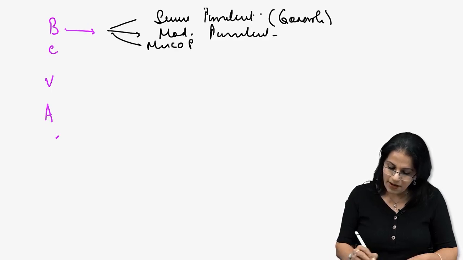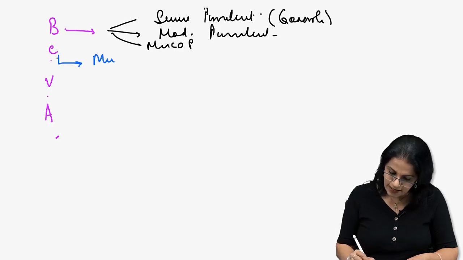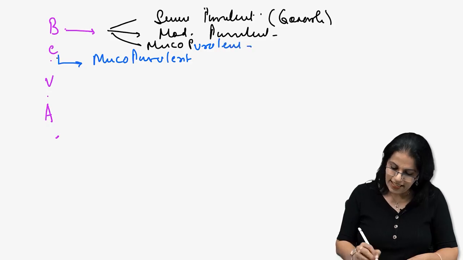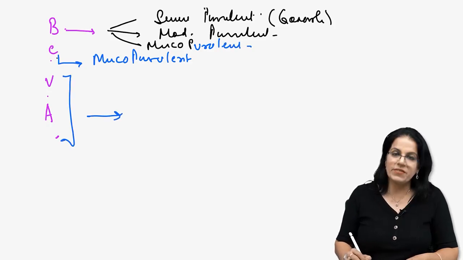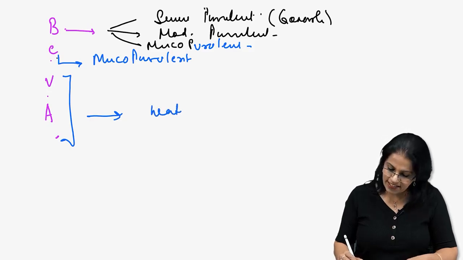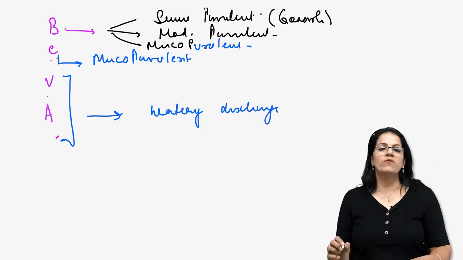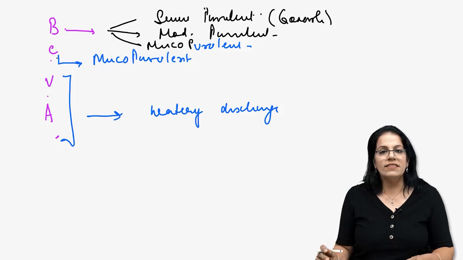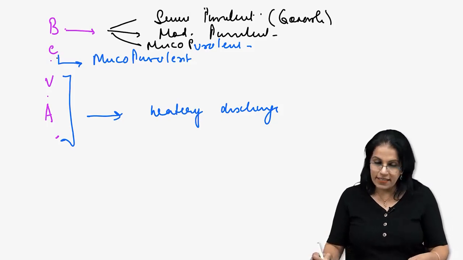When you talk about chlamydial, it is always mucopurulent. Easy to learn now. Viral and allergic, we all know it's not difficult. It is watery discharge, right? Viral and allergic, we will say we get watery discharge. So that is the different types of discharge. Let's have a look here.